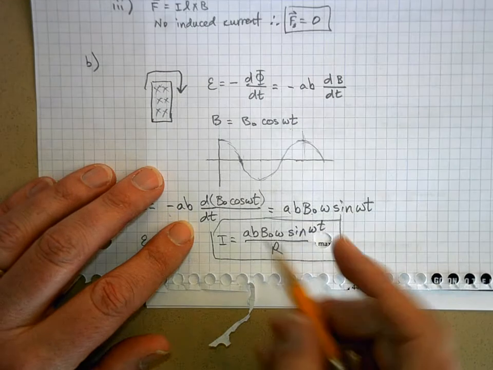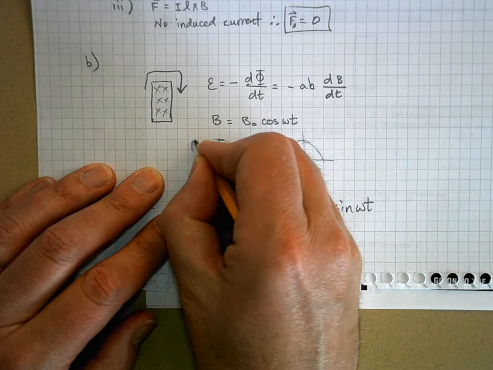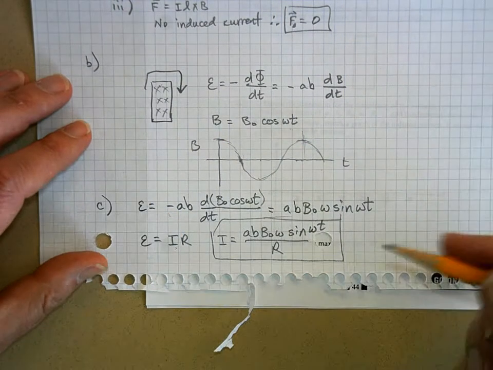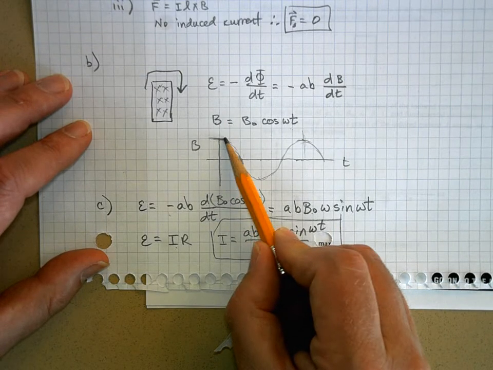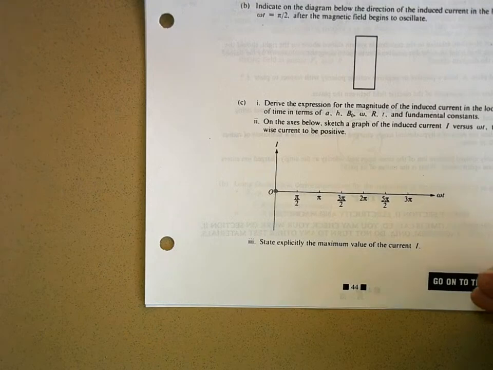When you look at the graph of the magnetic field, remember, this is just a graph of B as a function of t. We had no slope right there. That means no change, which means no induced voltage, which means no induced current.